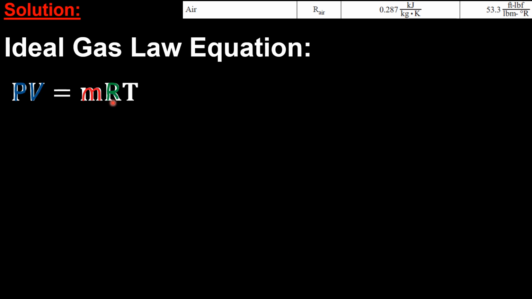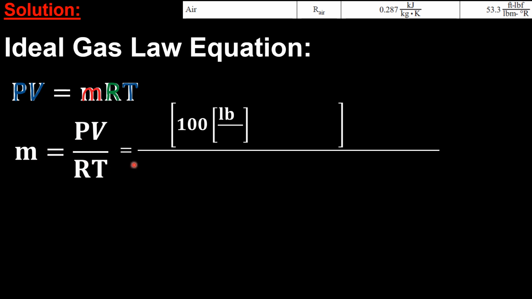The R in green is something we can get from a reference table like this one here. And the temperature is also given. Regarding R, we will use 53.3 because the units match what we have in the problem statement. Now we can rearrange this equation, so mass will equal PV over RT.